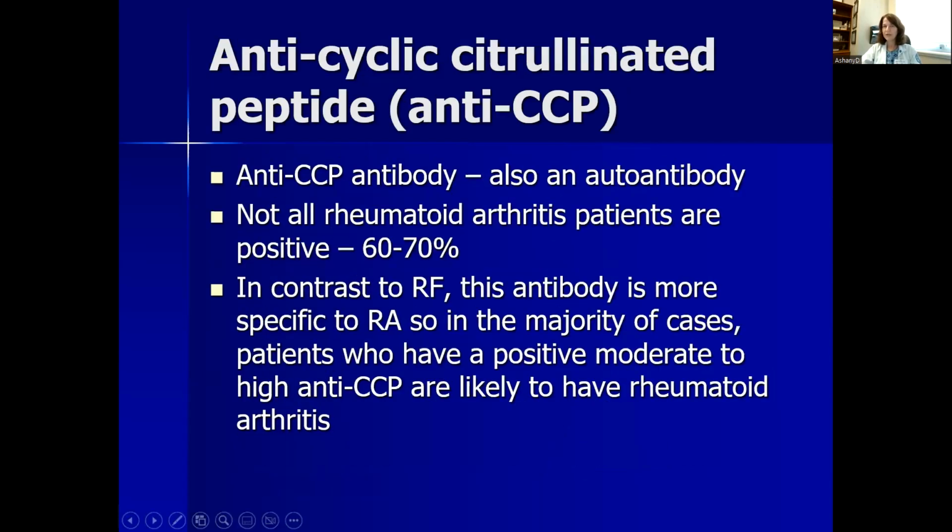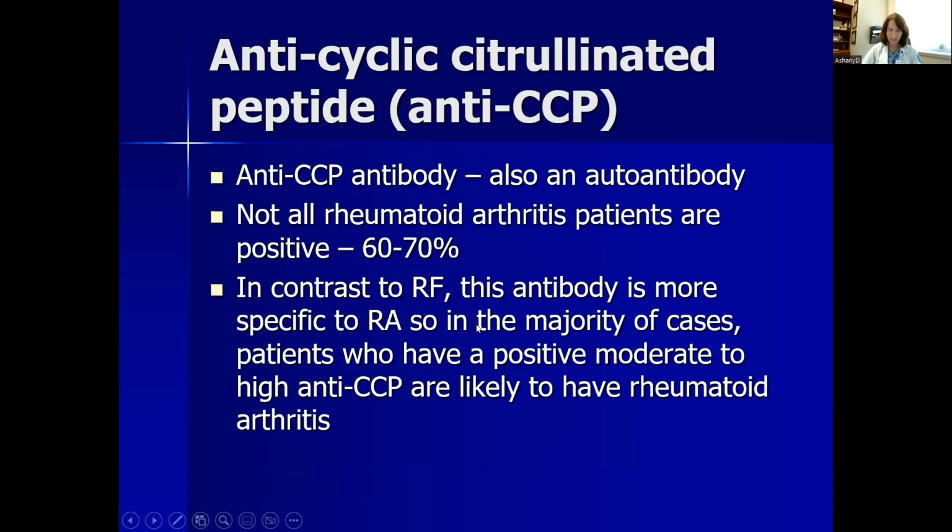The other antibody that we see in rheumatoid arthritis is this anti-CCP antibody, long name, anti-cyclic citrullinated peptide. And this antibody is positive in fewer patients with rheumatoid arthritis, 60 to 70%. But in contrast to the rheumatoid factor, it's much more specific to rheumatoid arthritis.